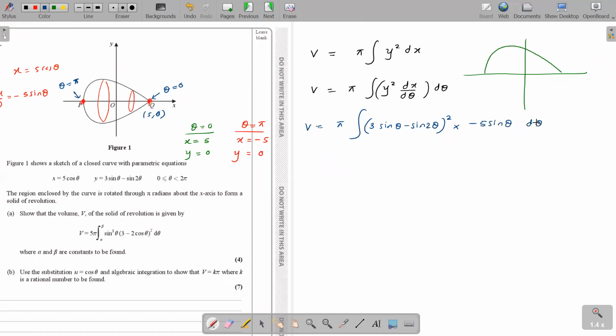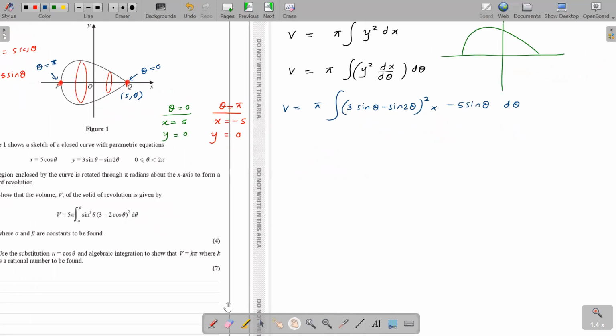With respect to theta, are you with me? We need to get the show-that volume equal to pi times. There's no sine 2 theta. You can see in the show-that everything is in a single angle. There's no double angle, right? So basically we'll input the values here: 3 sine theta minus sine 2 theta.